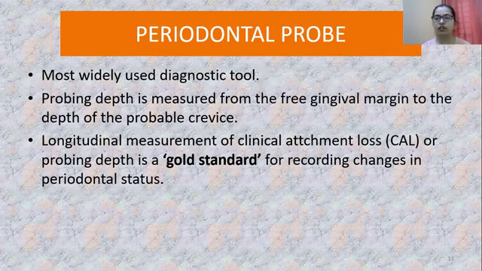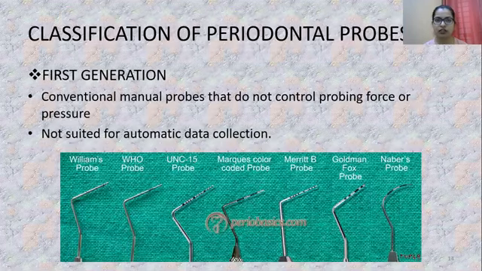Now, the longitudinal measurement of clinical attachment loss or probing depth is the gold standard for recording any changes in the periodontal status. So there have been different generations of probes which have come to ease our way of determining the correct depth of the sulcus. First generation are the manual or conventional probes.